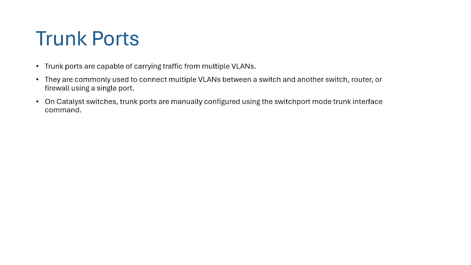Trunk ports come into the picture when a switch is connected to another switch, a firewall, or a router. That's where we configure the trunk port to carry multiple VLANs from one switch to another device, which could be a switch, router, or firewall.